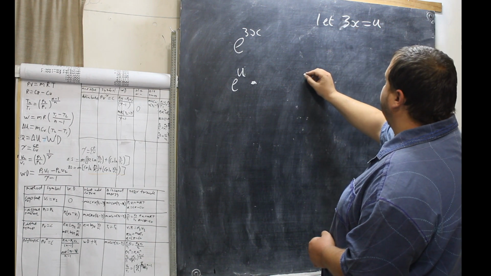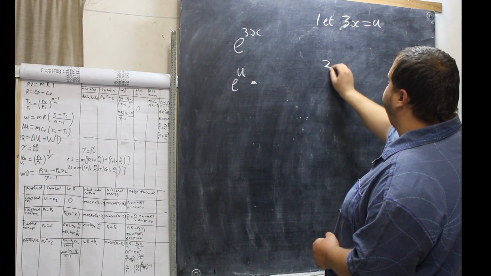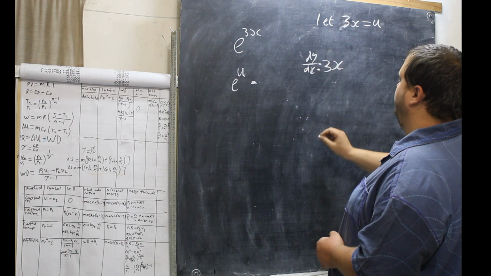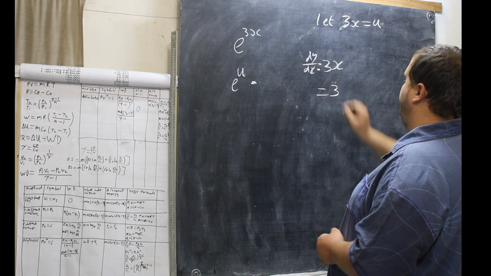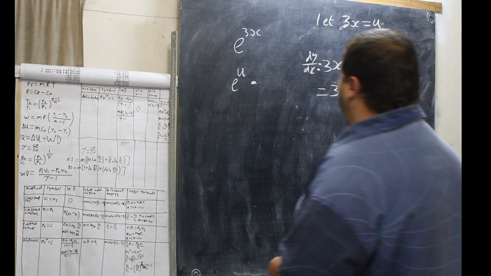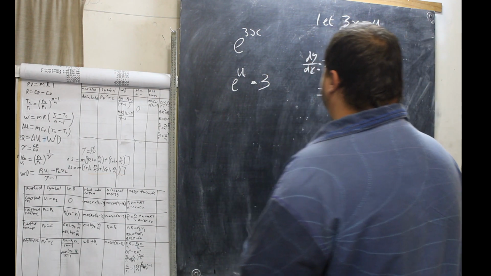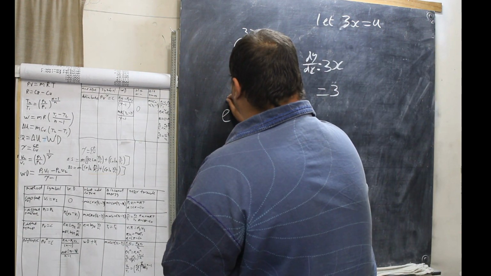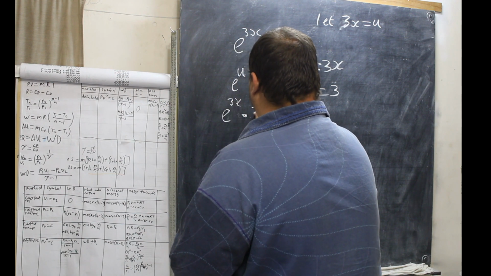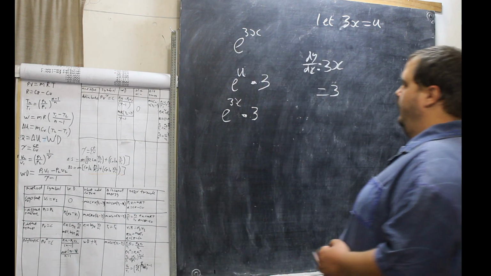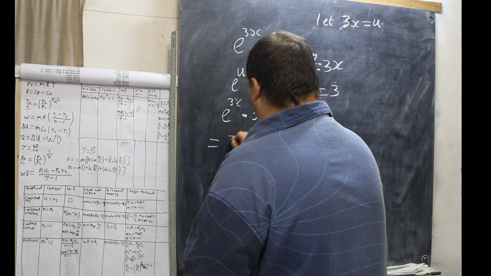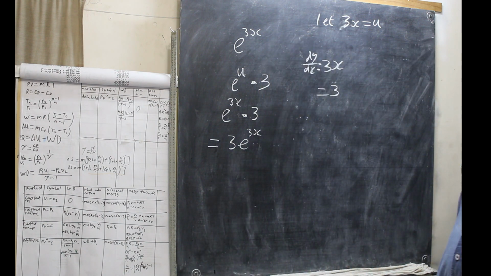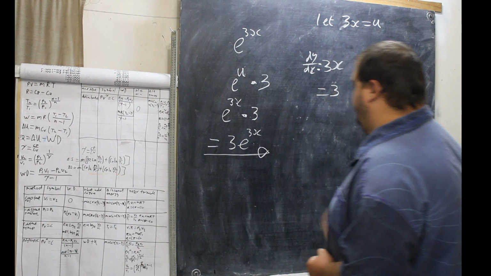Now the derivative of 3x, dy over dx, equals 3. So we multiply that by u's derivative. Then we are left with e to the 3x multiplied by 3, which equals 3e to the 3x. And that is our final answer.